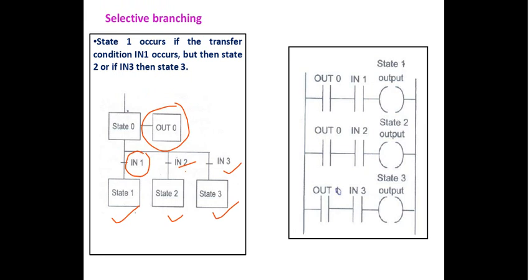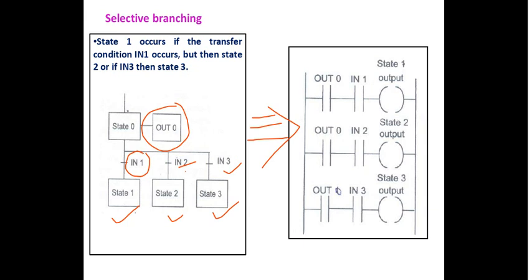Now if you look at this rung here, in1 and out 0 will result in state 1. State 1 would result if and only if both out 0 and in1 are true. State 2 output is possible if and only if out 0 and in2 are true.